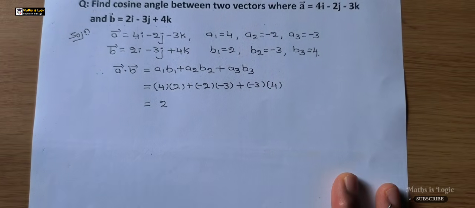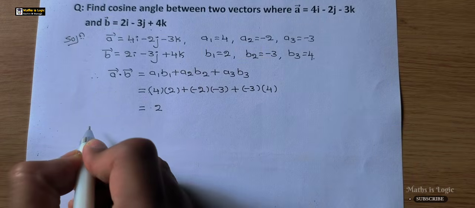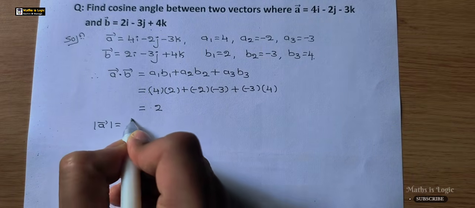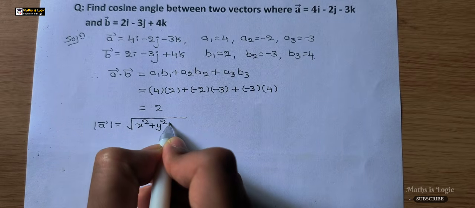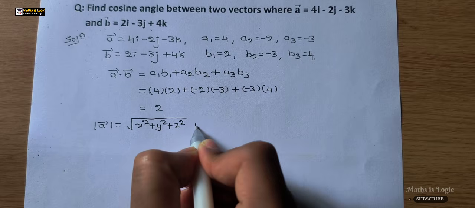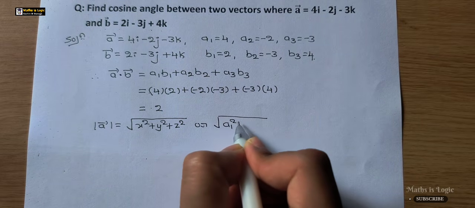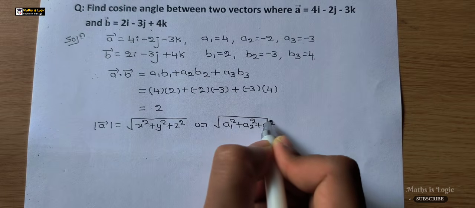After that, find out magnitude of A vector. So magnitude of A vector is equals to, formula is square root of x square plus y square plus z square. Otherwise, we can write it as square root of A1 square plus A2 square plus A3 square. Both are same.